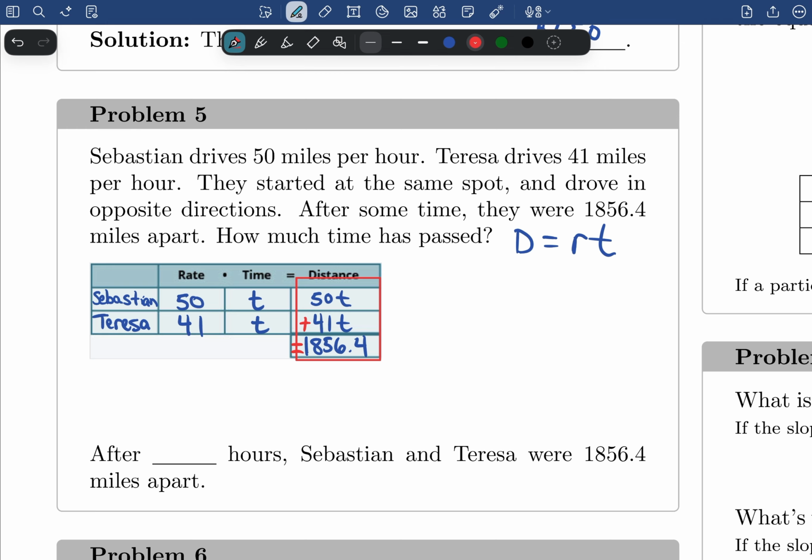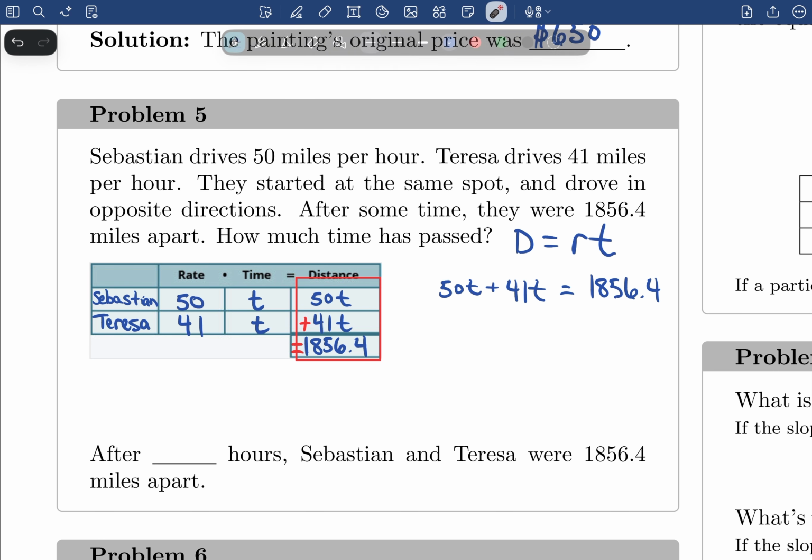So I'll create an equation with it here on the side and say 50t plus 41t is equal to the grand total 1,856.4. Now, I see these are like terms that I can add together, right? The 50t plus the 41t, and that gives me 91t.